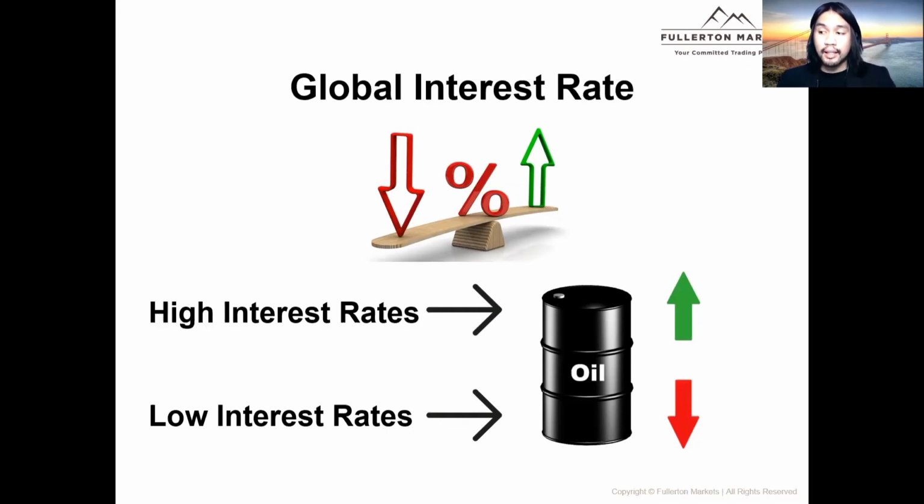This means that the economy itself is not doing so well. When it's not doing so well, the demand for oil also takes a hit. So when the economy is bad, it's also bad for oil. But when it is great, when interest rates are high, oil will also climb higher.